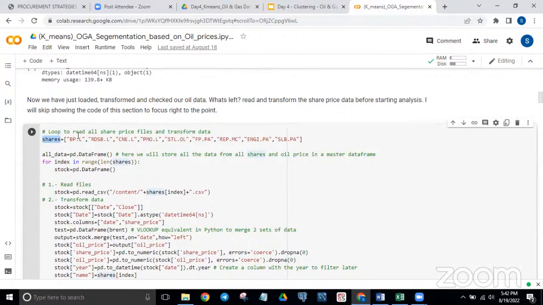I am taking all these files that contain the data related to share price. Now I am going to map the share price and oil price with my date. The date will be constant. Using date as constant, I am going to map all these values into one.